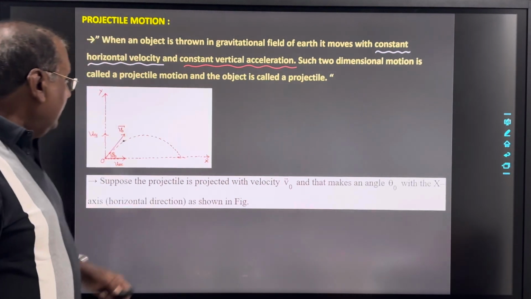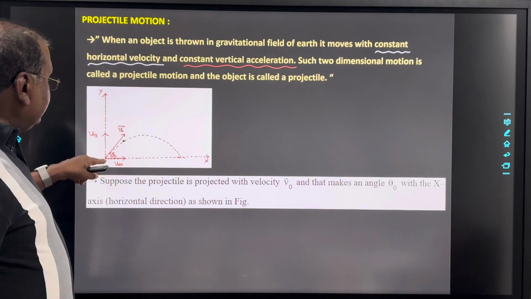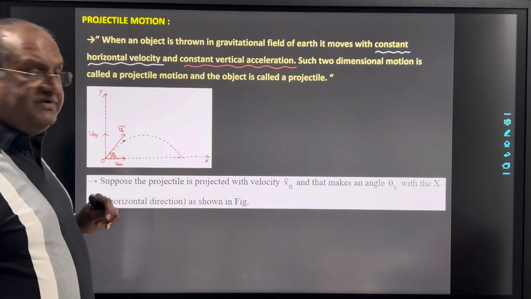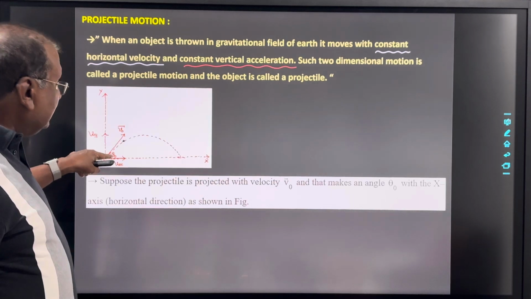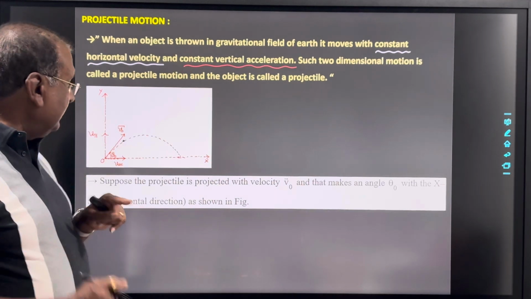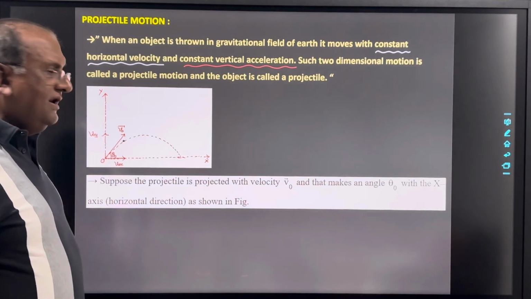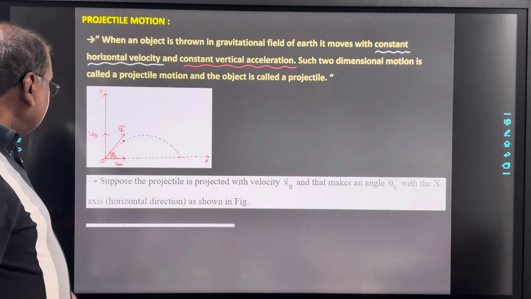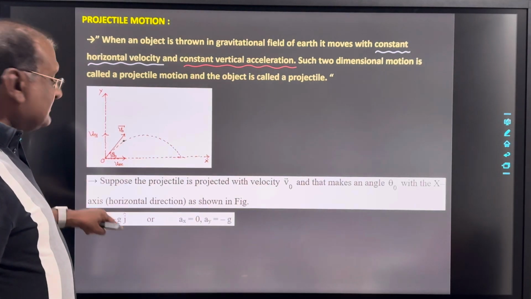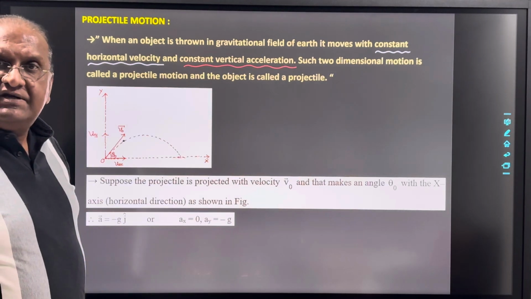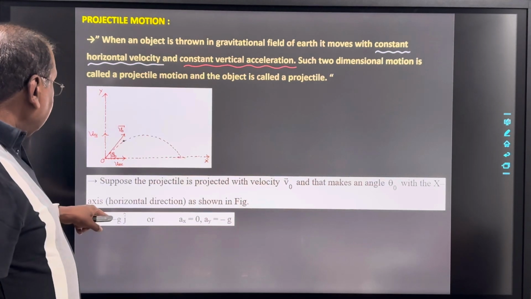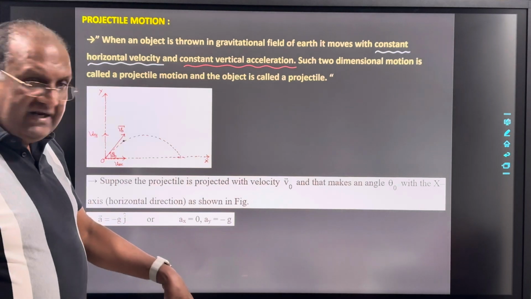क्लियर? ओके. अब देखो, initial velocity with which it is projected, that is v0, and it is projected at some angle theta 0. This is called the angle of projection with horizontal direction or x-axis, right? Now here acceleration, that is the gravitational acceleration, is in vertically downward direction.